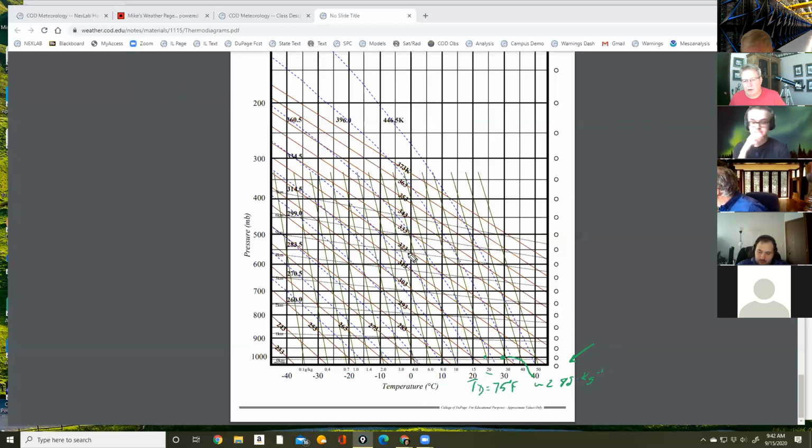So a lot of times when you go to SPC, they will use the values of these lines. They will say, okay, well, here we're at 10, here we're at 15 grams per kilogram. Why would I rather use grams per kilogram to tell me how much water vapor there is rather than the dew point? I believe it has something to do with the fact that dew point doesn't actually necessarily tell you how much water vapor is in the air.